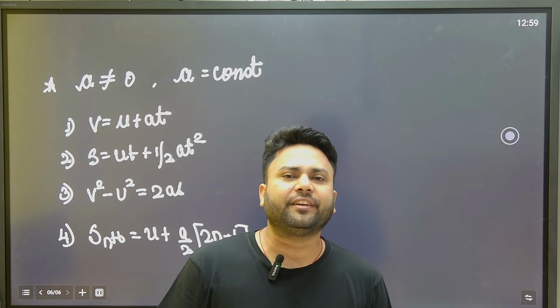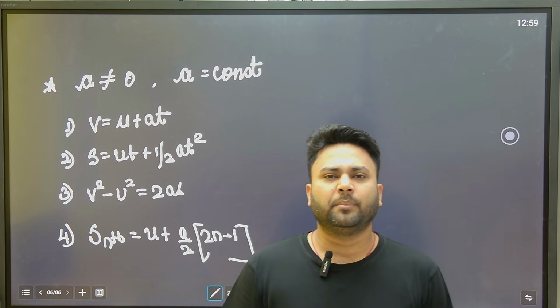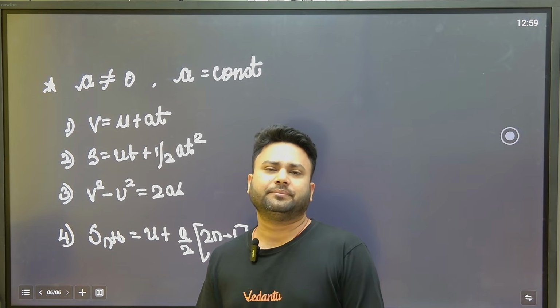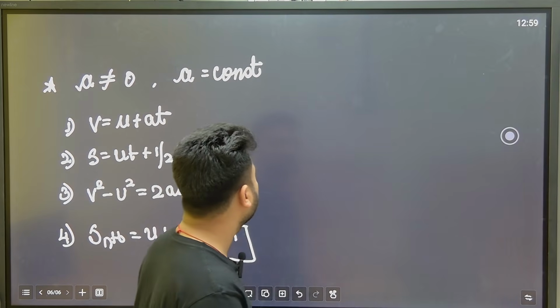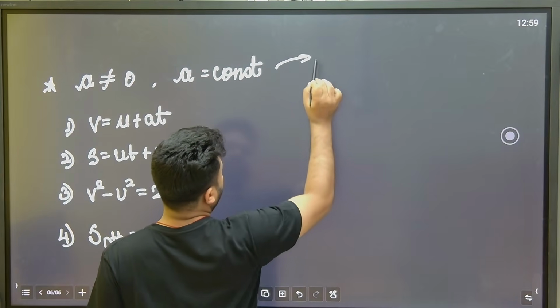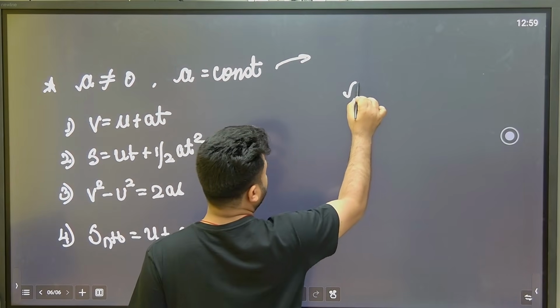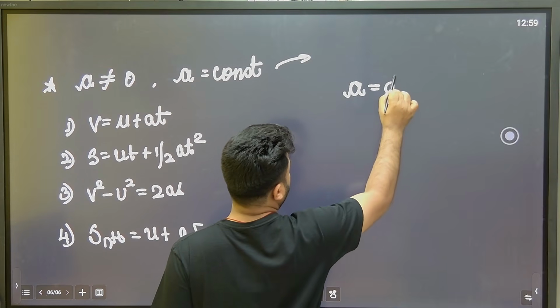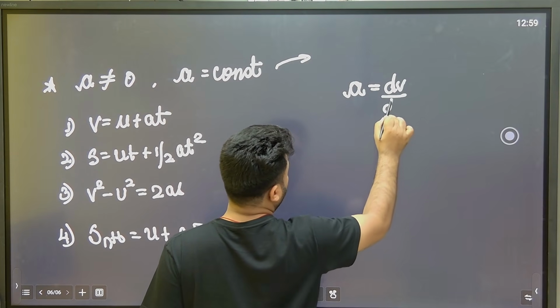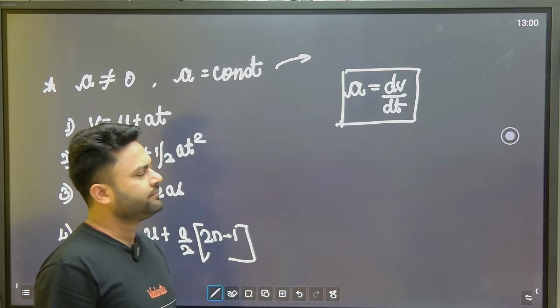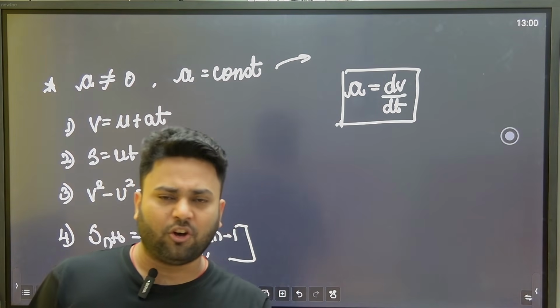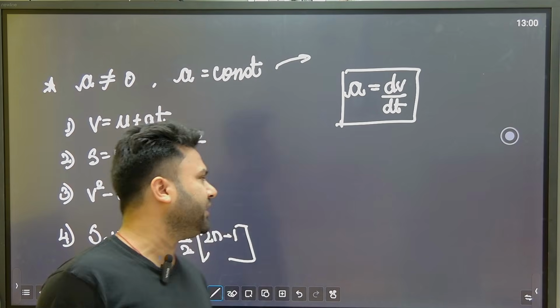Means your speed got increased from 30 to 40. If there is change in velocity, we call it acceleration. Acceleration we define as, you remember these points, acceleration equals dv by dt. This formula is very important. How much velocity is changing in how much time, rate of change of velocity.